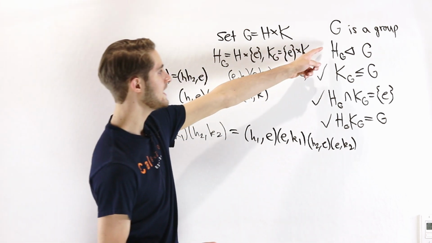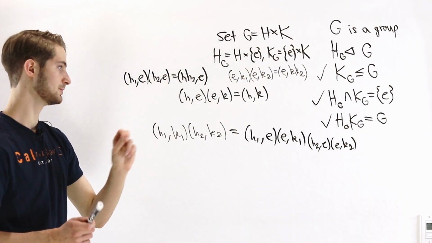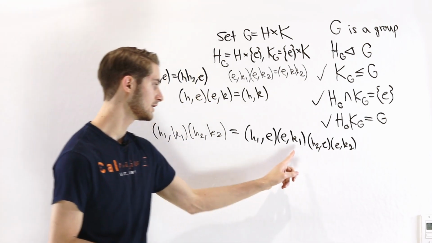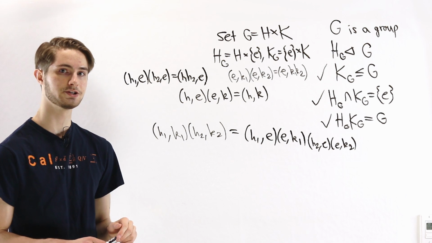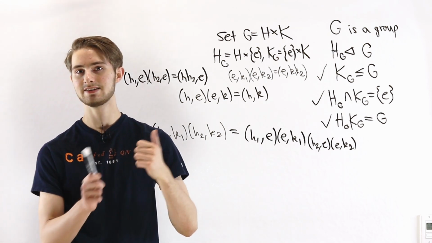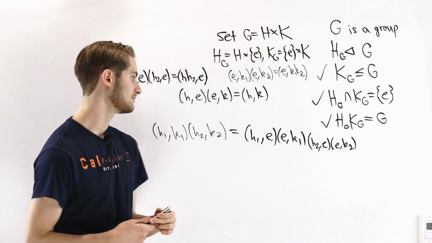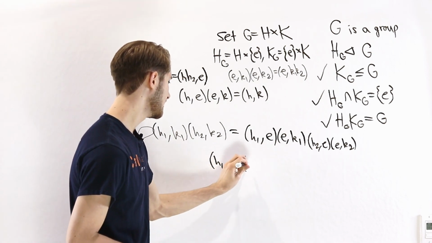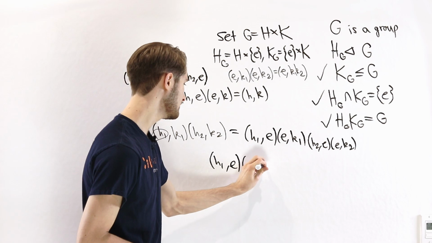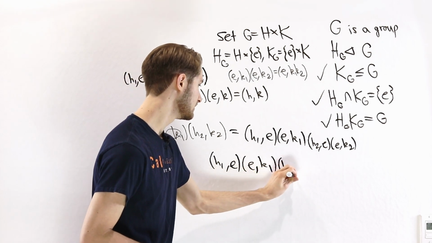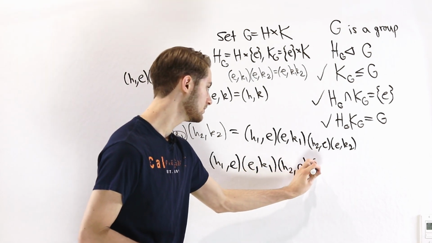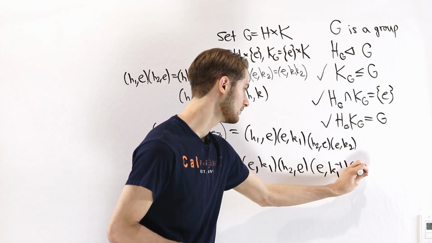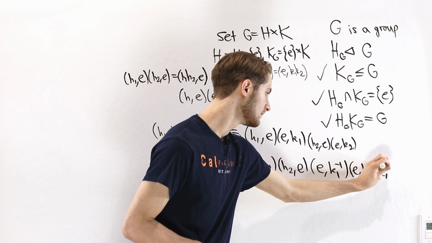Remember that we want H to be a normal subgroup of G, which means that if we conjugate H by an element of K, it's going to stay in H. So we're going to do the exact same thing that we did with the inner semidirect product. We're going to write this as (H1, E) and then (E, K1), (H2, E), but then in here we're going to put (E, K1) inverse and then (E, K1) to cancel it out.